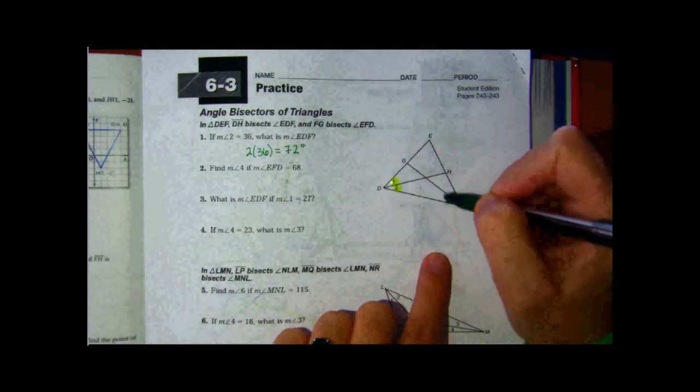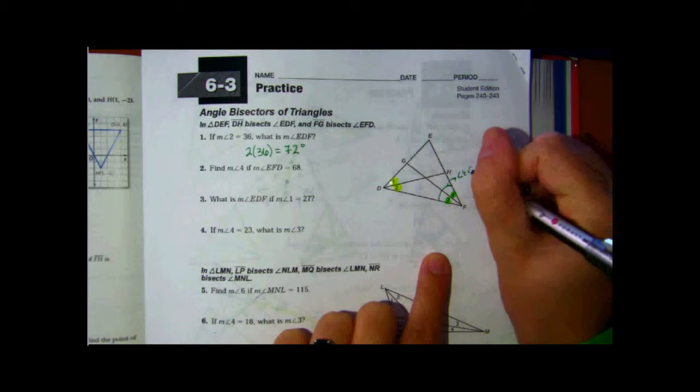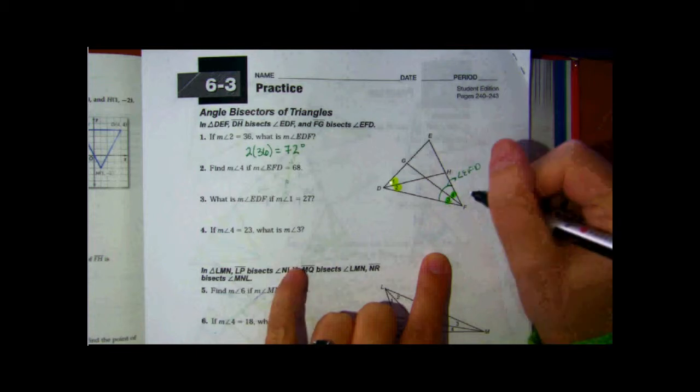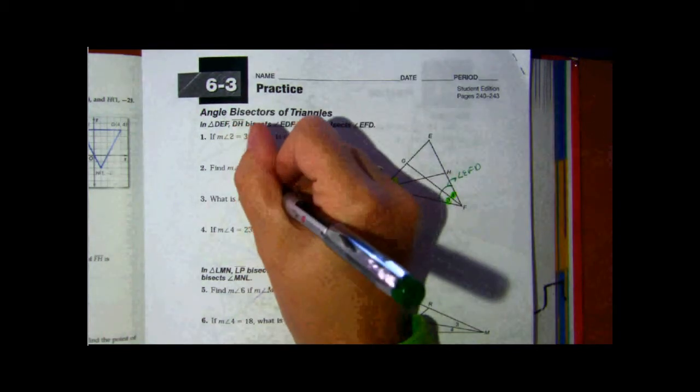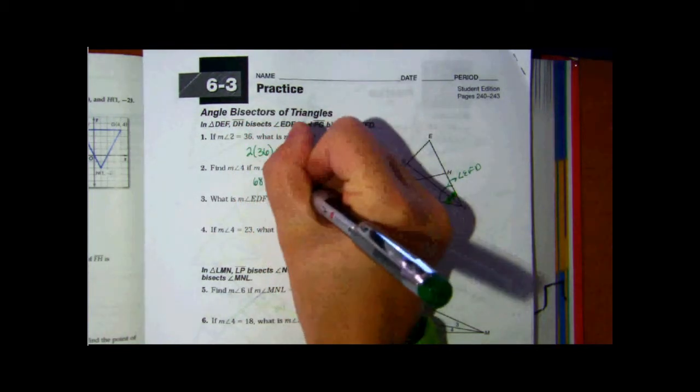If angle EFD, so this whole thing, is 68, what's angle 4? Well, angle 4 is half of it. So angle 4 would be 34.